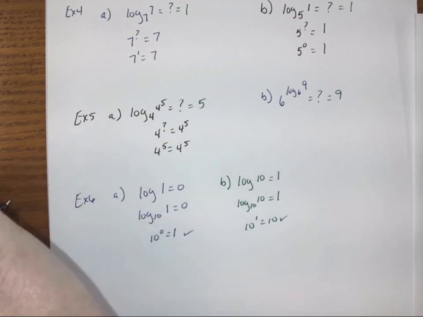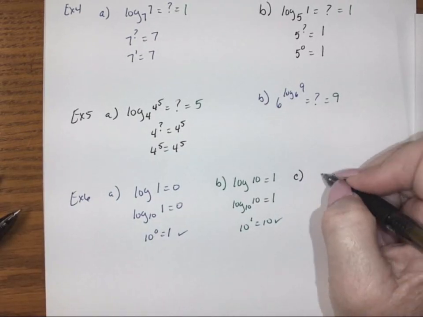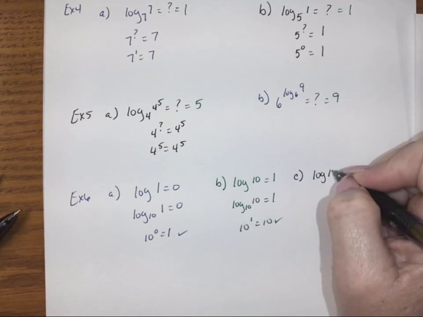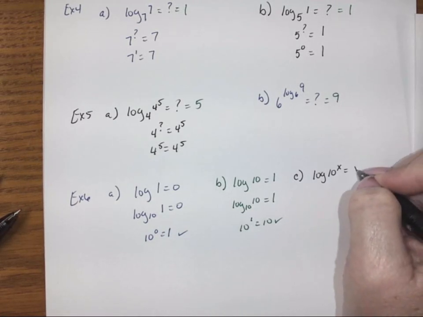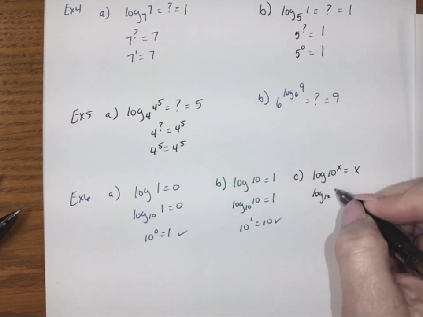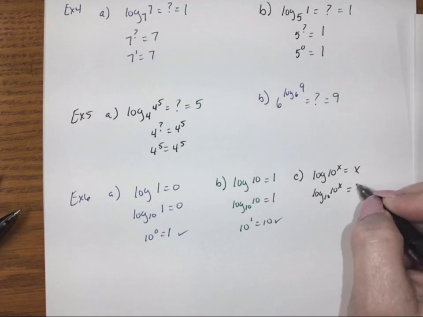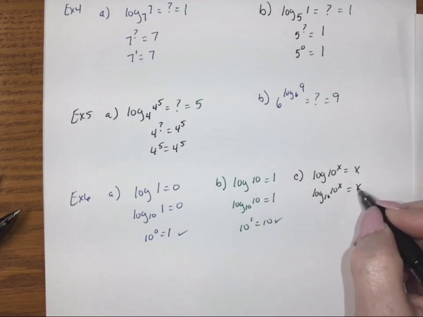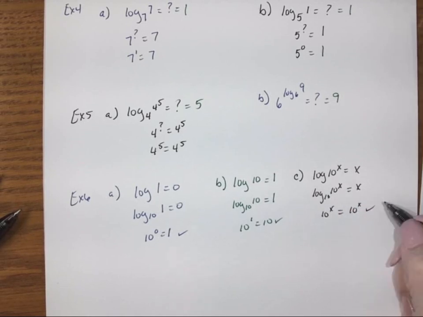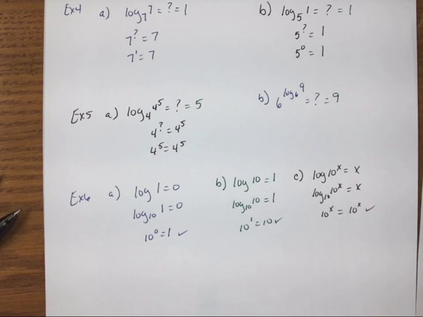Yes, it does. For part C, we have log of 10 to the x equals x. Remember, if it doesn't give us the base, it is log base 10 of 10 to the x equal to x. Well, if I take 10 to the x, it equals 10 to the x. And that is true.